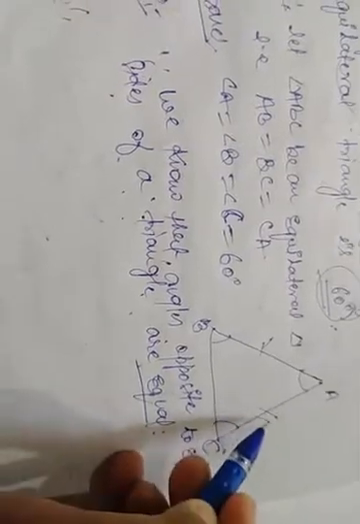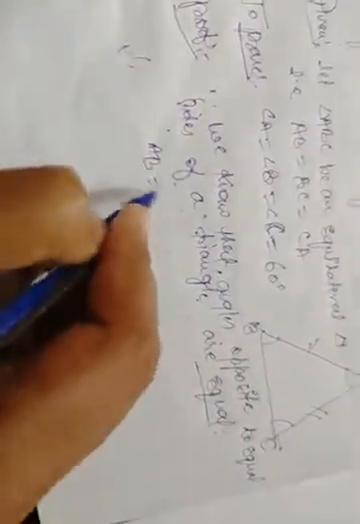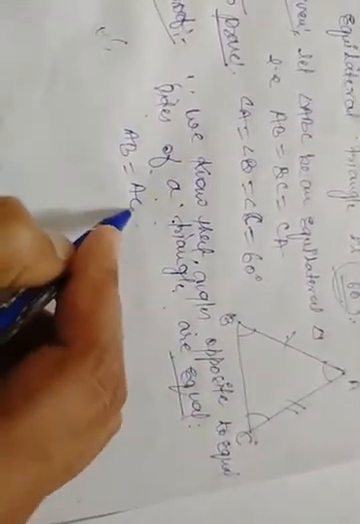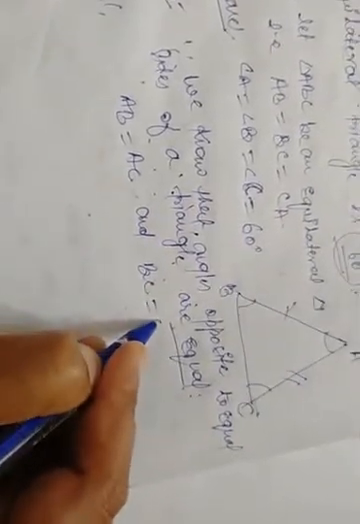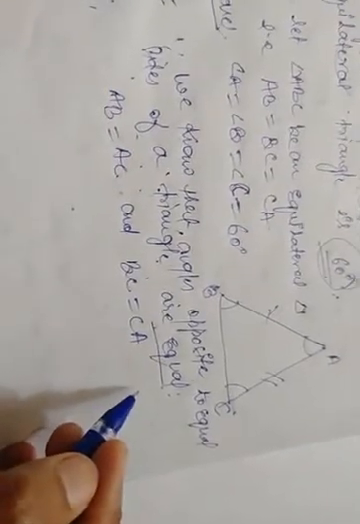Since from the figure AB is equal to AC, and BC is equal to CA, so we have what?